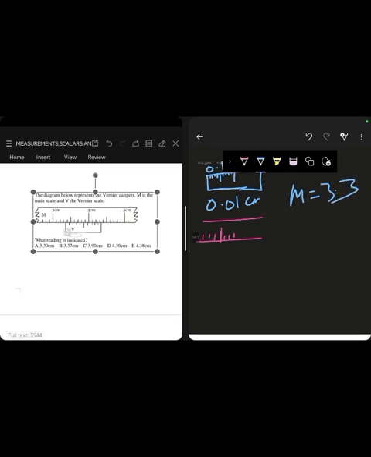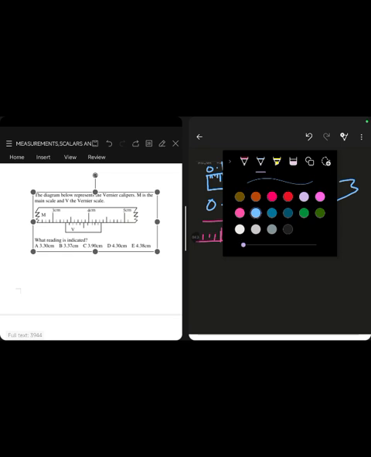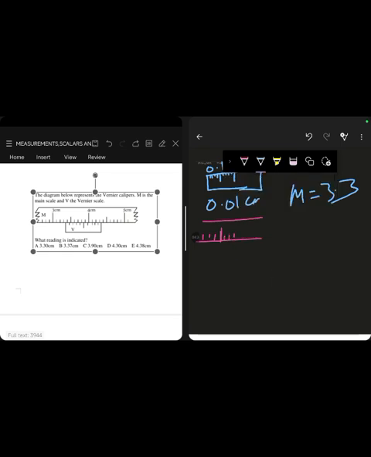And then from your vernier scale, let's draw it out. Here's my vernier scale. For my vernier scale, you check where it coincides or meets with the main scale. Now look at this point. I have 1, 2, 3, 4, 5, 6, 7.